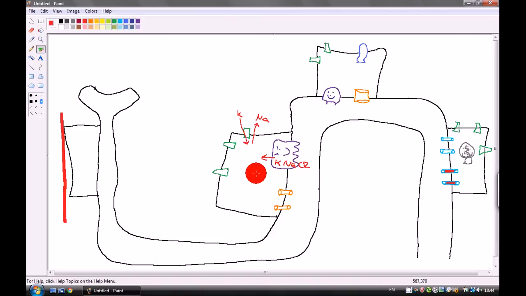Chlorine will go through some channels over here and then go back to the blood. And potassium will be recycled and come in through here.